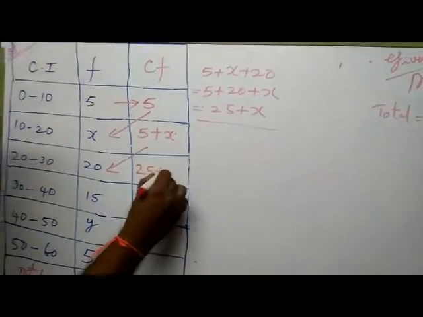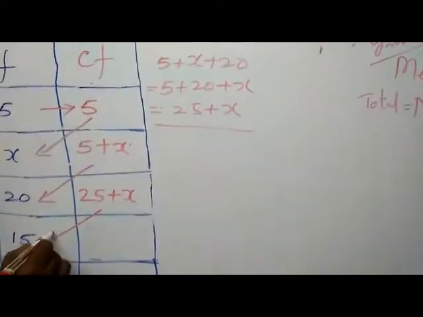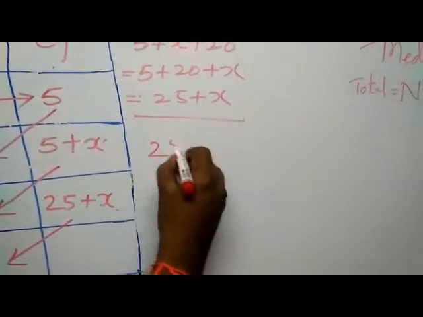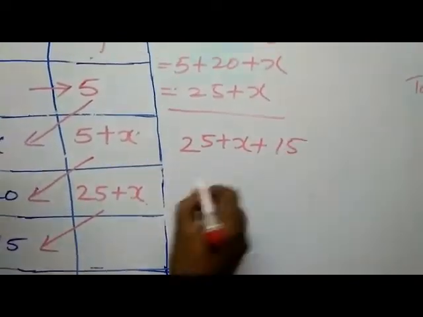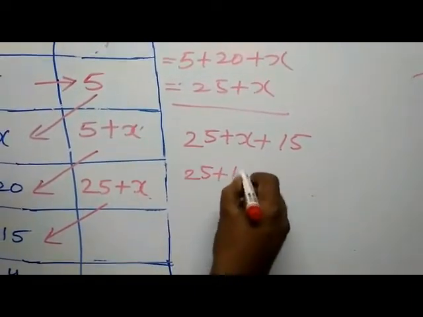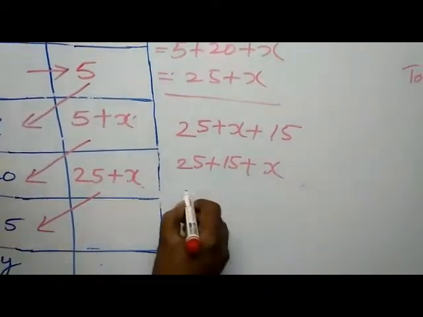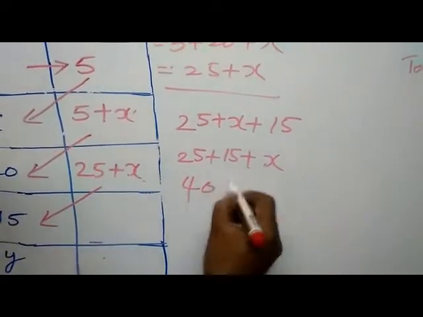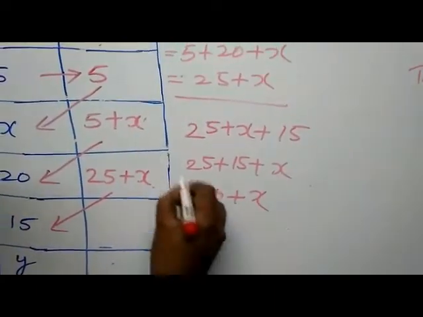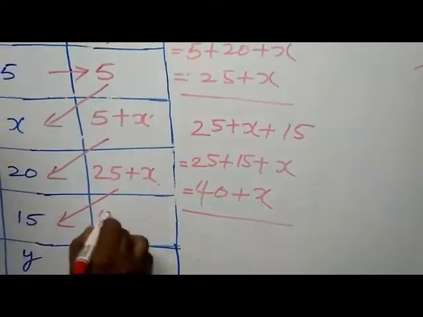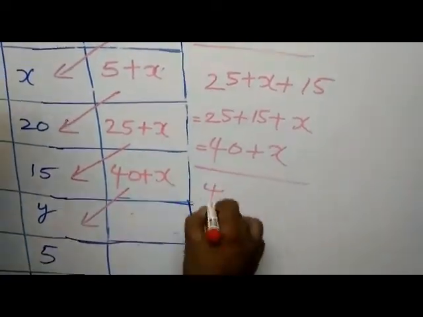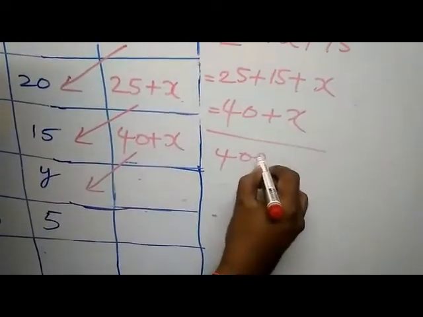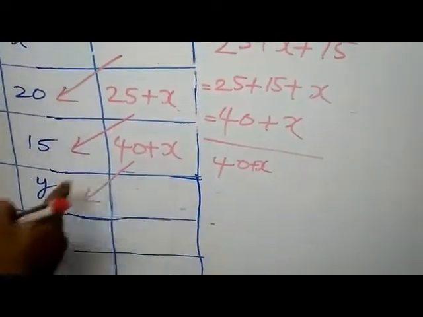Next one, 25 plus x plus 15, which is again 25 plus 15 plus x, that is 40 plus x. Then 40 plus x plus y.